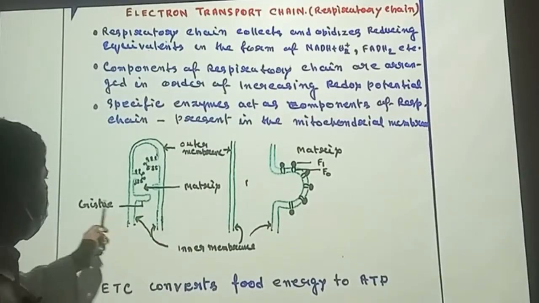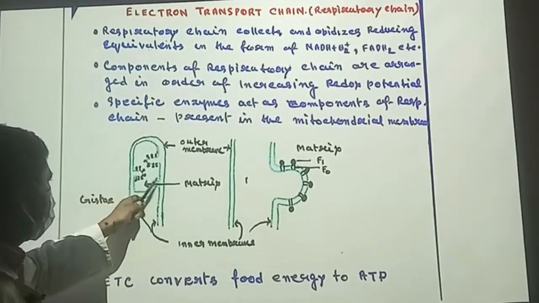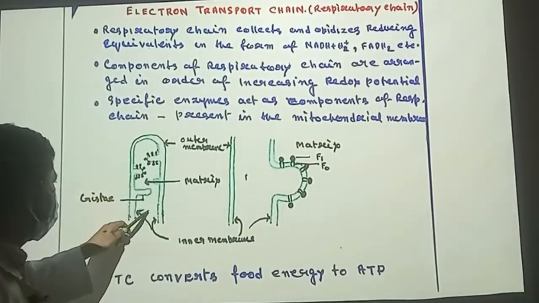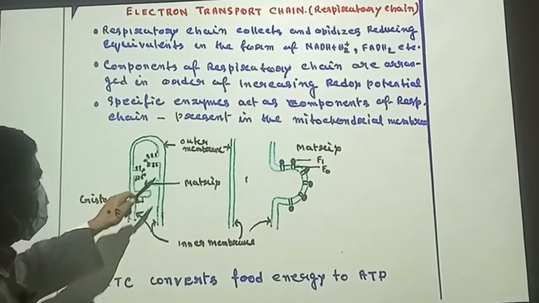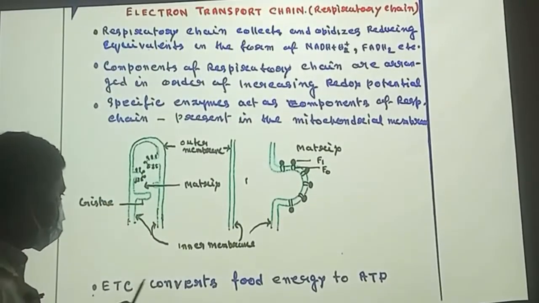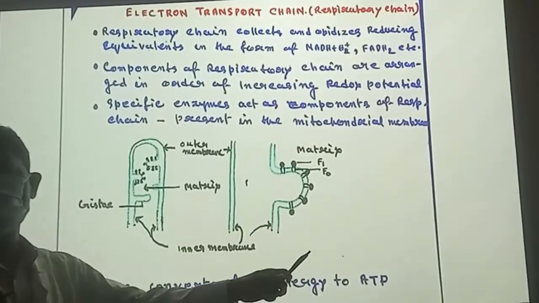There are carriers actually, and this is the matrix of the mitochondria. This is the outer membrane. So the ETC converts food energy to ATP.